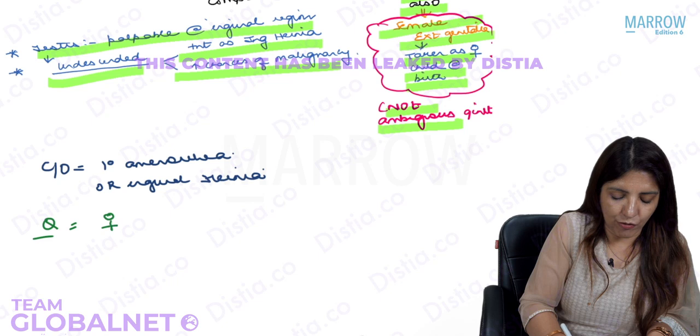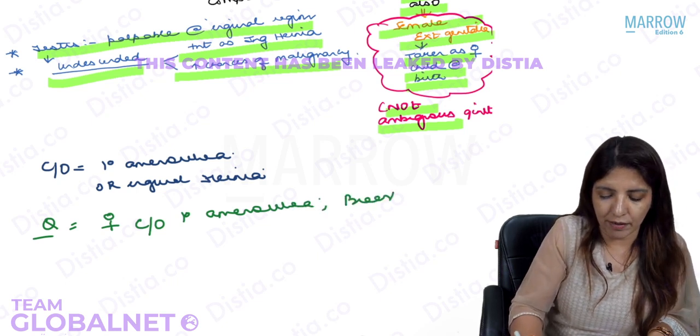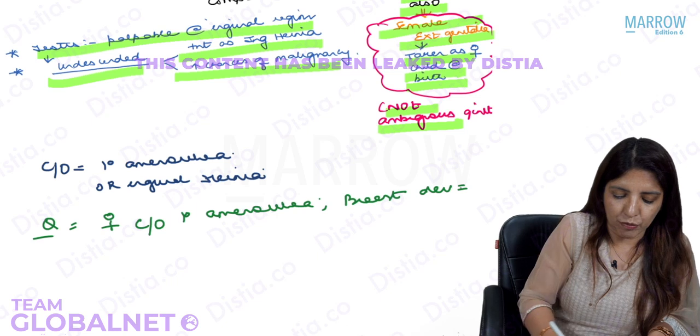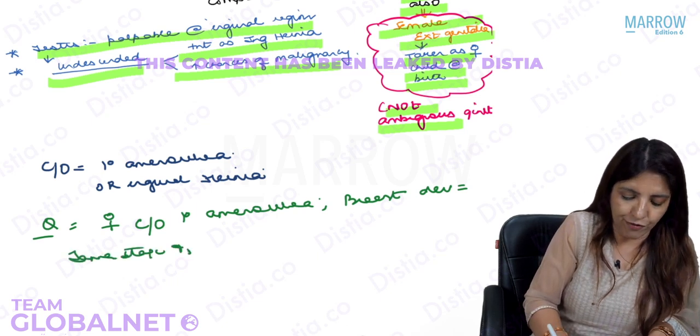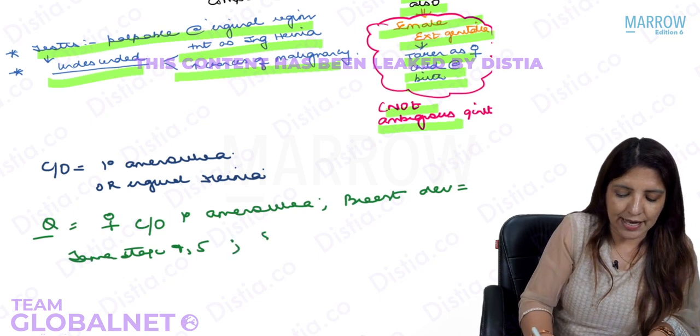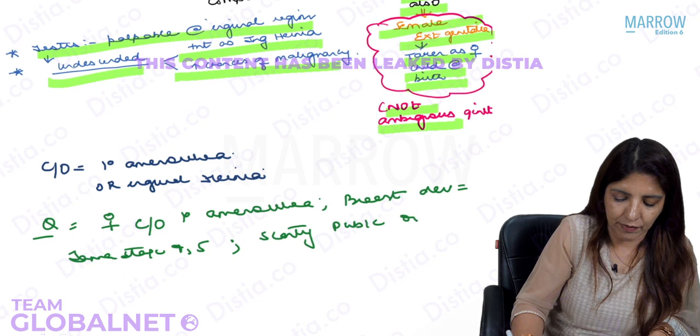So suppose you have a question which says that there is a female who has come to you with a complaint of primary amenorrhea, right? Her breast development corresponds to Tanner stage 4 or 5, right? She has scanty pubic hair or axillary hair, right?